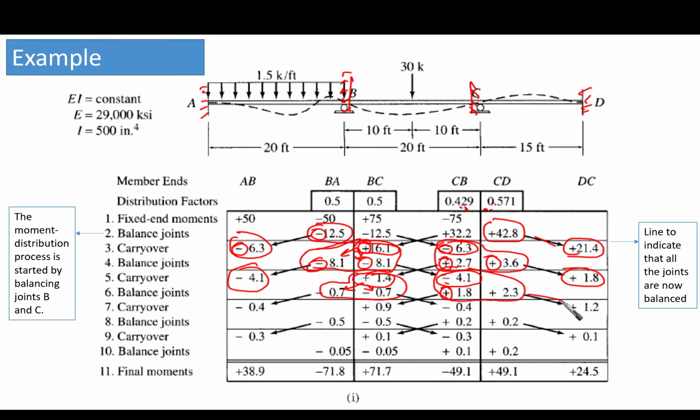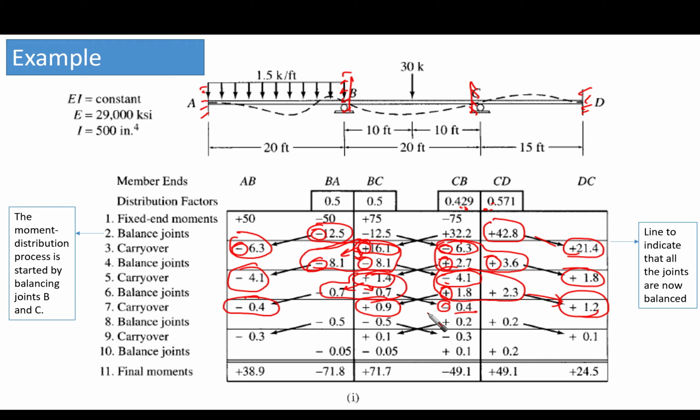Then make the carryover. 2.3 is going to give us 1.2 here, and this minus 0.7 is going to give us minus 0.4, and this 1.8 gives us plus 0.9, and this minus 0.7 is giving us minus 0.4, half of it, with rounding off. Then we need another round of balancing, 0.9.